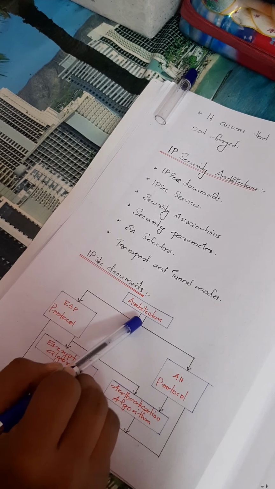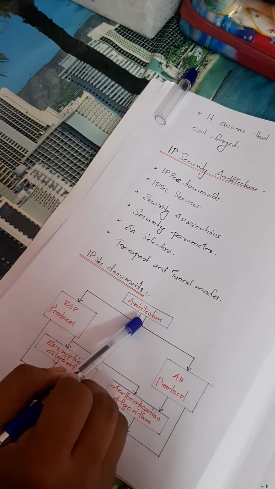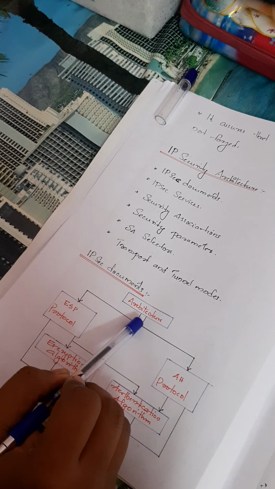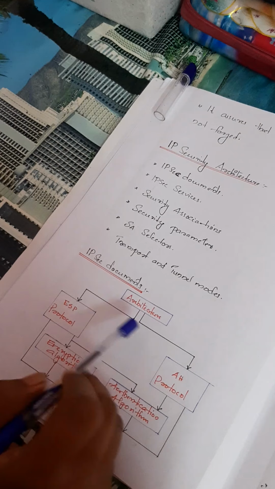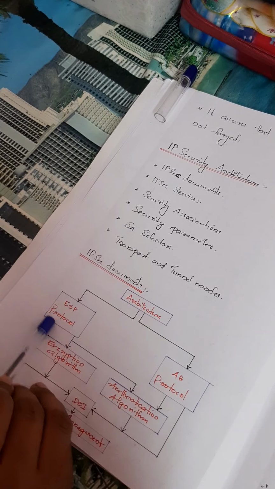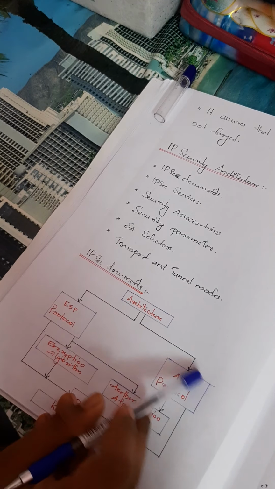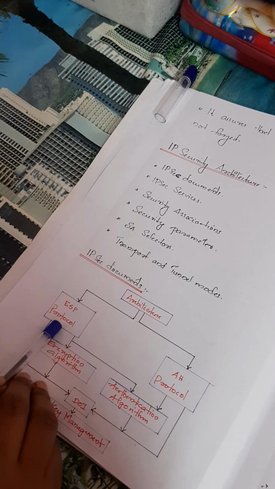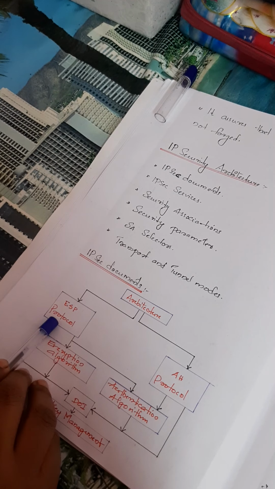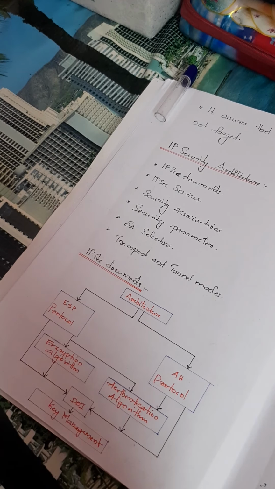So in this architecture, it covers all the general concepts, security requirements, definitions and mechanisms which define the IP security technology also. ESP protocol and AH protocol are the main protocols used in IP security for its implementation.